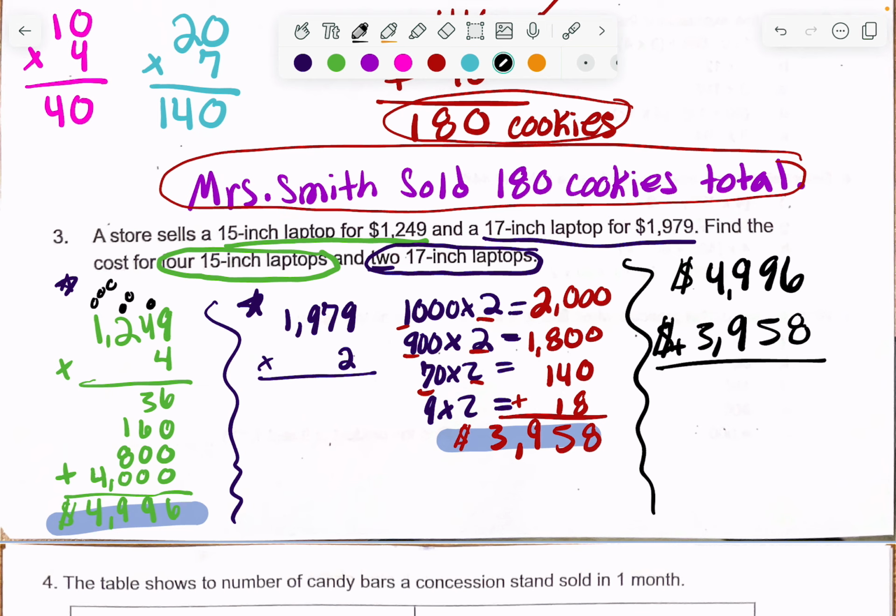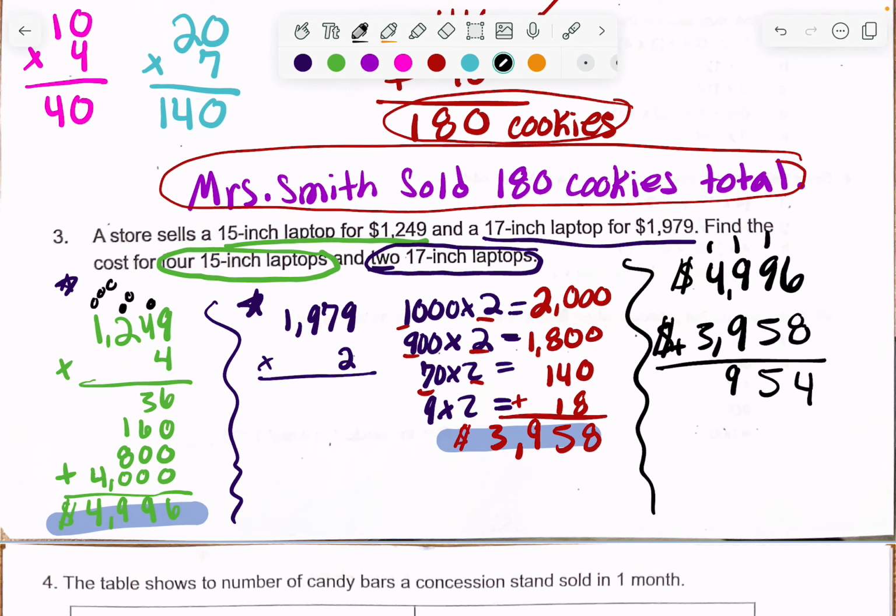6 plus 8. If I don't know this, a good reminder: how can I get to 10? I can give 2 from the 6 to the 8 to make 10, and then I have 14. So I have 4 left over, so it'd be 14. Same with this one. I know that 9 plus 5 is 14, but then I add my 1, that would be 15. 9 plus 9 is 18, plus 1 more is 19.